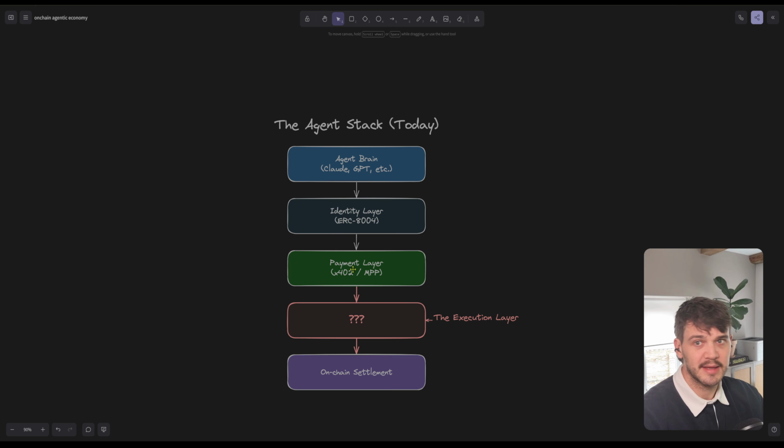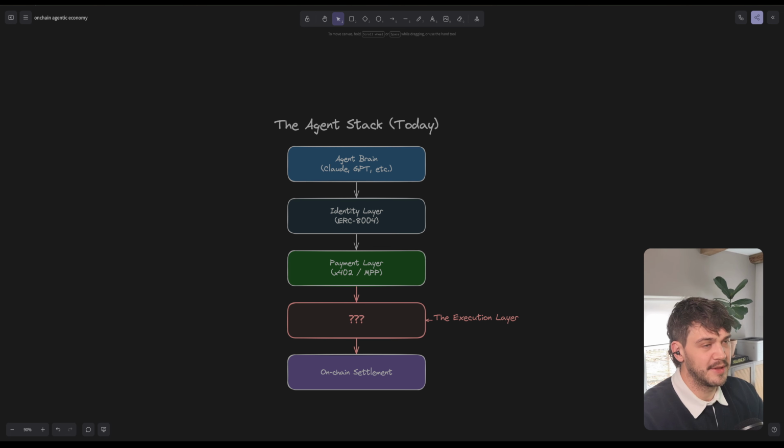It could be that gas spiked, the transaction got stuck in the mempool, a solver dropped out, or the state changed between the earlier simulation and the actual execution. The identity layer did its job, the payment layer did its job, but nobody actually guaranteed the transaction would land. And that's the execution layer as we define it today, and what is missing from the stack.